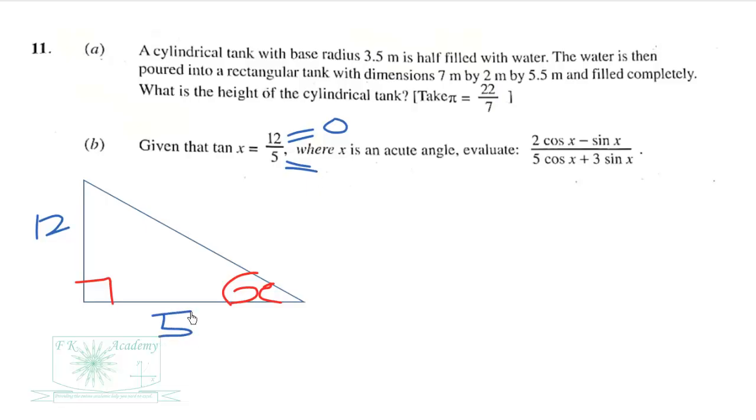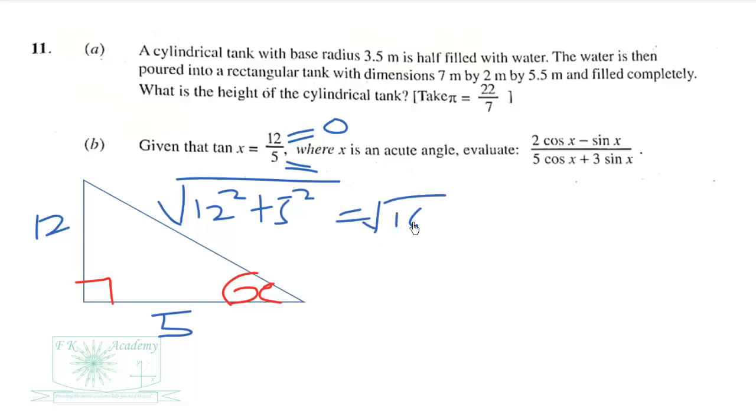So the hypotenuse will be square root of 12 squared plus 5 squared, which is square root of 169, because 144 plus 25 is 169. And that will give us 13 units. So if that is 13 units, we can now find cos x and sin x.